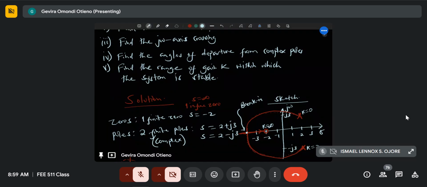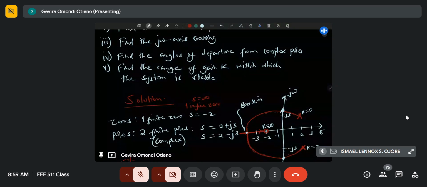We don't know the J omega axis crossing point. We don't have this point yet. Let me just make it a little clearer here. So this is J omega, but we still don't know what this point here is. We'll need to determine those points.